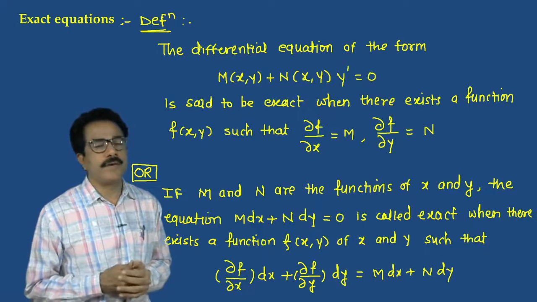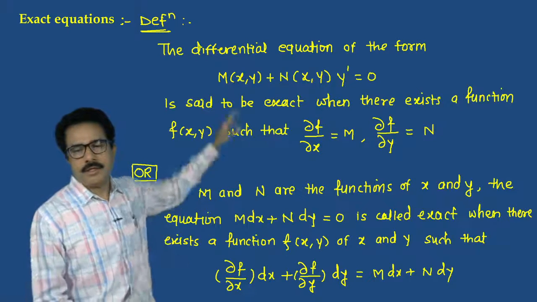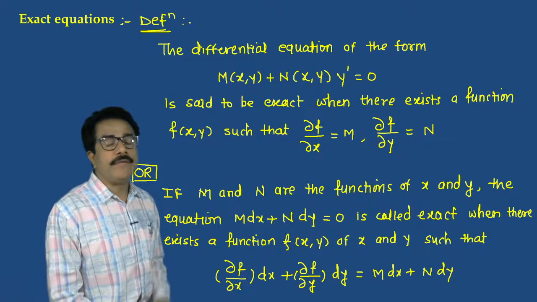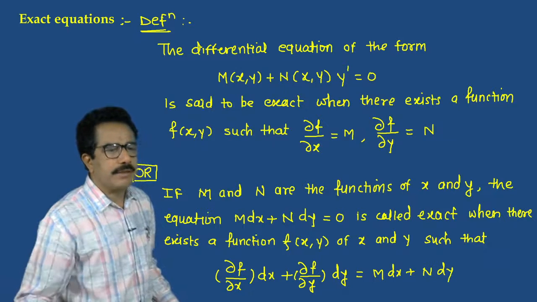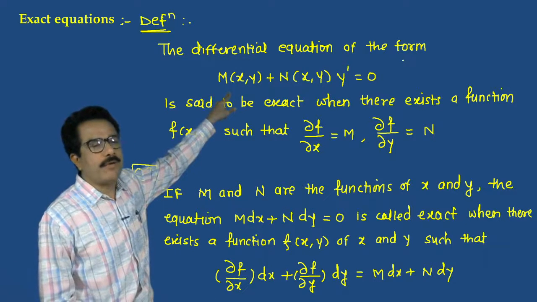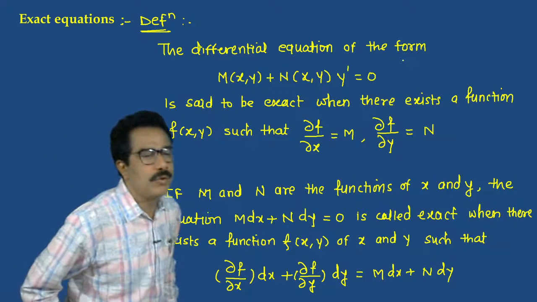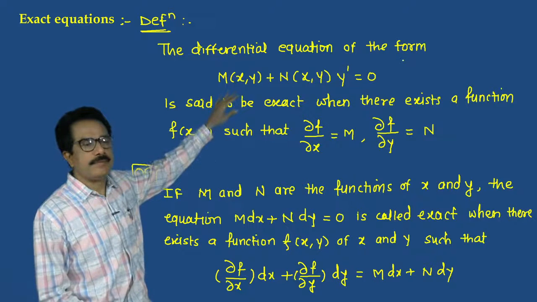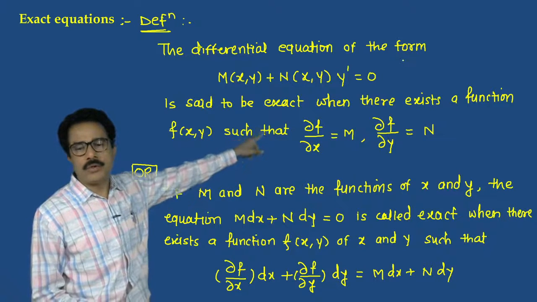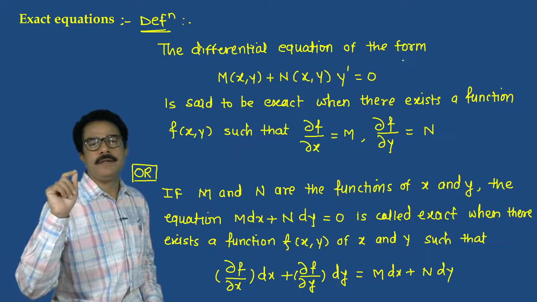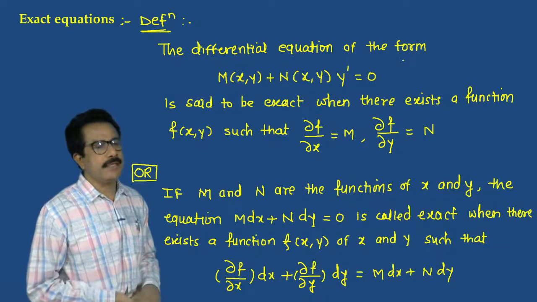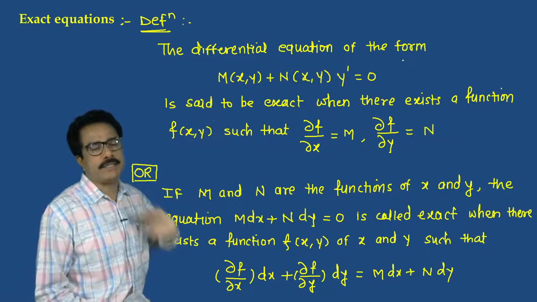See this, the differential equation of the form capital M of x comma y plus capital N of x comma y into y dash equals 0 is said to be exact when there exists a function f such that dou f divided by dou x equals M, and dou f divided by dou y equals N. If this condition is satisfied, then we can say that the given differential equation is an exact differential equation.